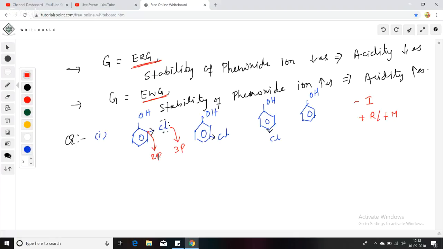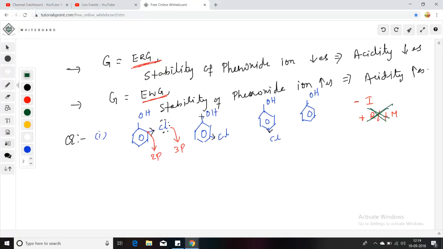Since we have different shell orbitals, this one larger and this one smaller, here we don't consider plus R and plus M effect. Is it clear? Here plus R, plus M effect is not possible.